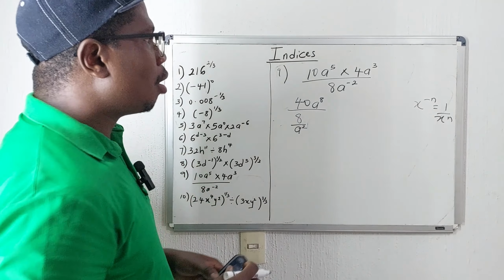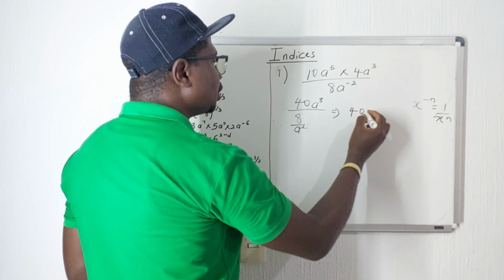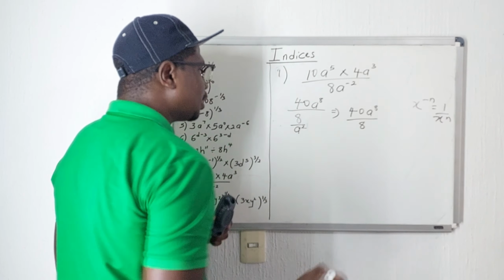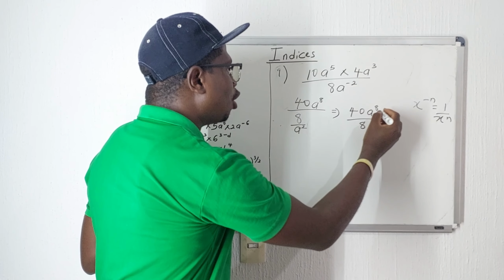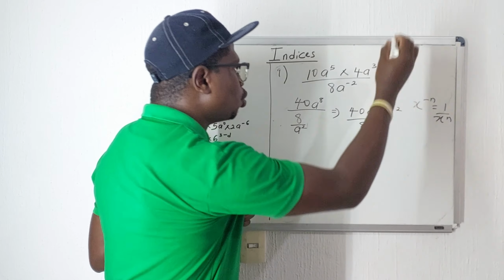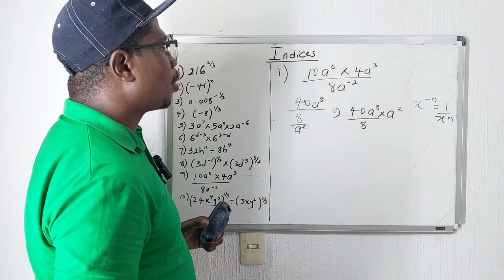Now, what can we do now? We have 40a^8 over 8. Now, this one will come and meet this one on top. That will be times a^2. Why?